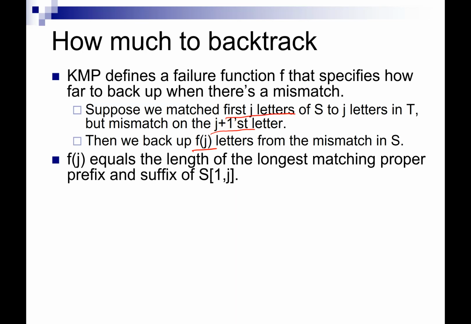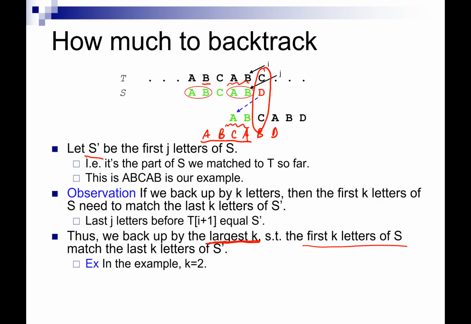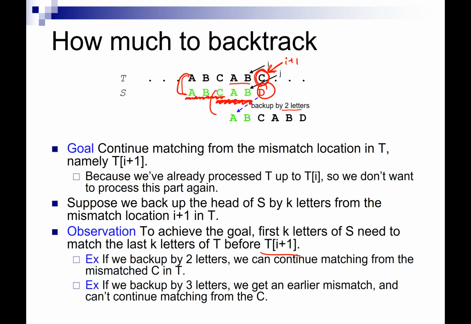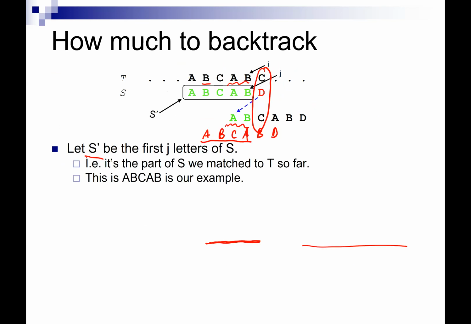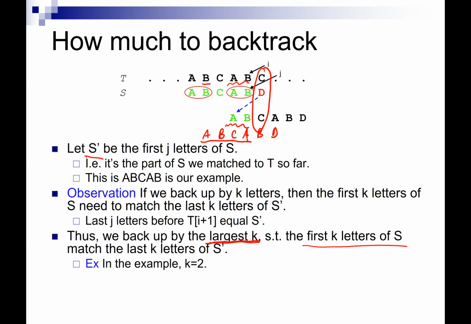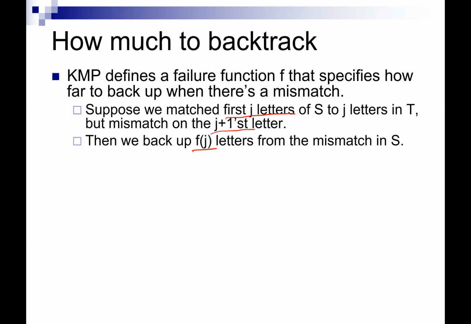Okay, right. So if you remember, we defined this thing called s prime. So we wanted to match the first k letters of s to the last k letters of s prime. We wanted to find the largest k possible.